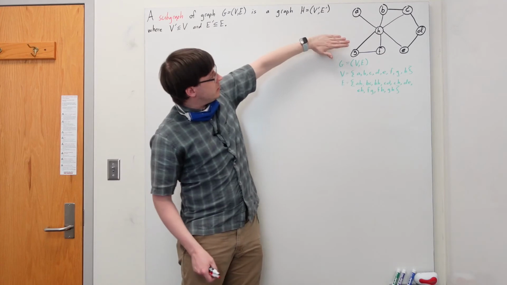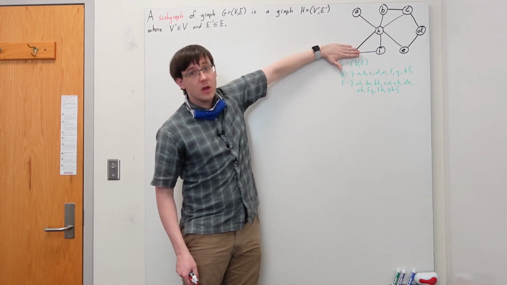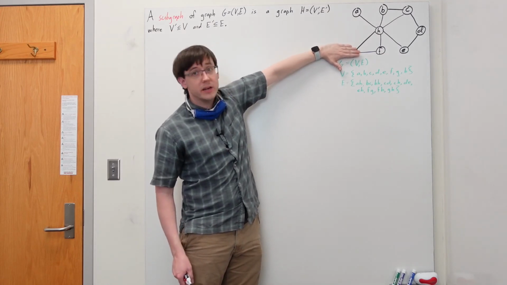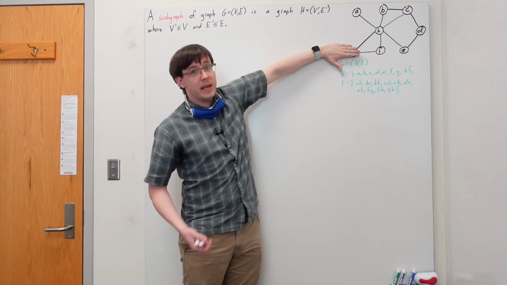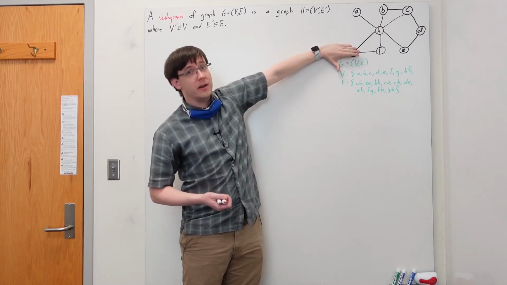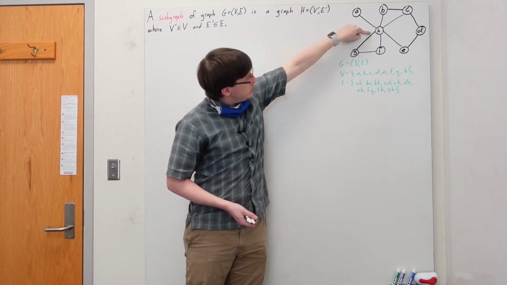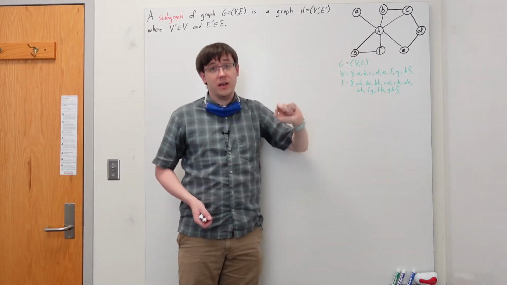So if we deleted a vertex, we would also need to delete from the edge set any edges that were incident on that vertex. So we would need to delete these edges as well.